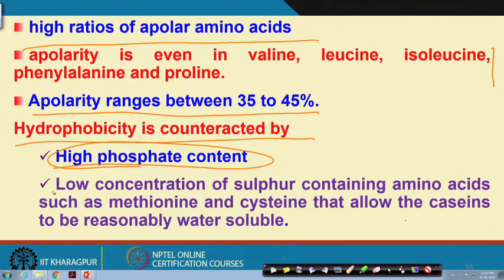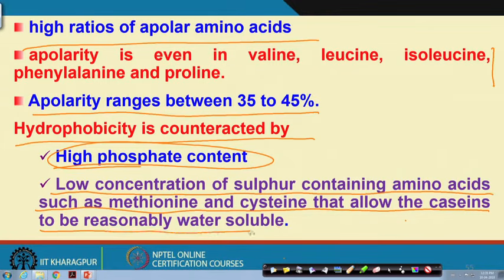Or a low concentration of sulfur containing amino acids such as methionine and cysteine allows casein to be reasonably soluble in water, right.